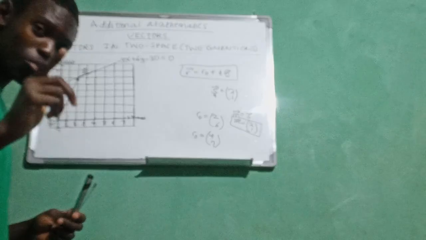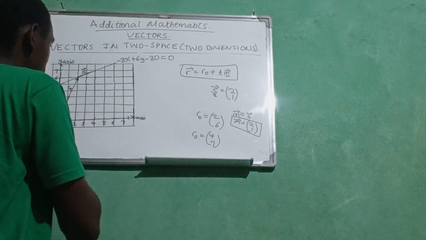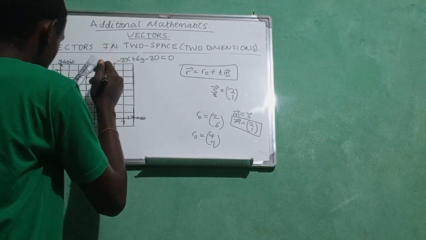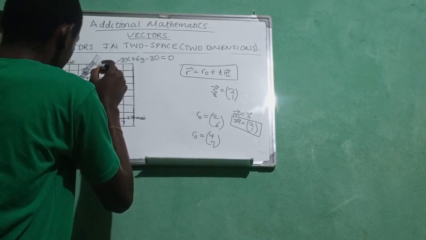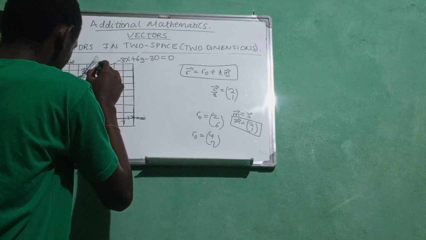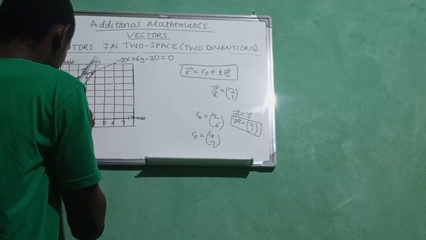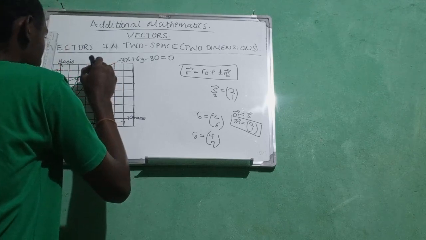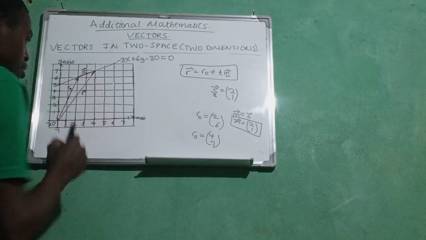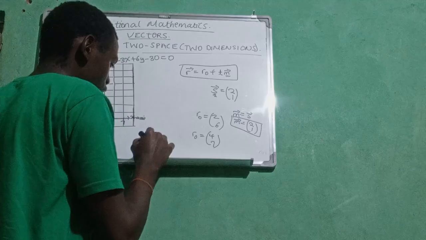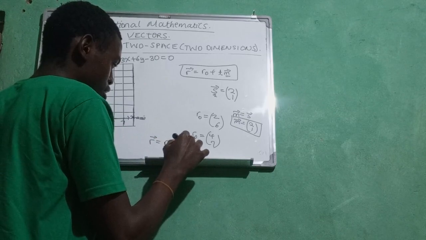So to move to the next coordinate, 4, 7, is our resultant vector. So this is our R. We are saying our R is equal to R naught plus t direction vector m.